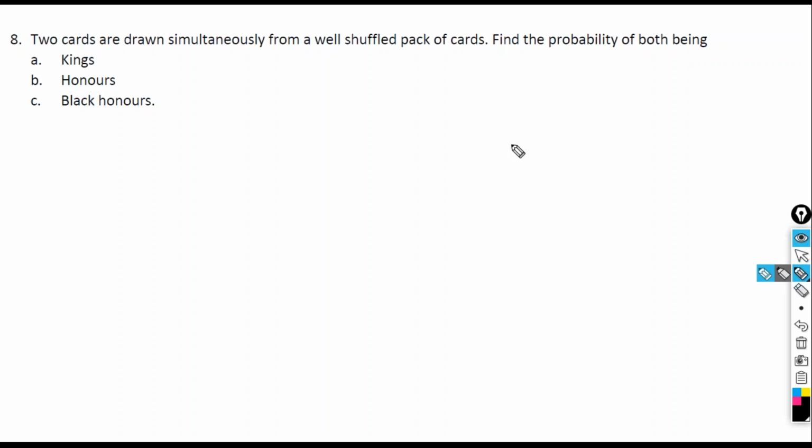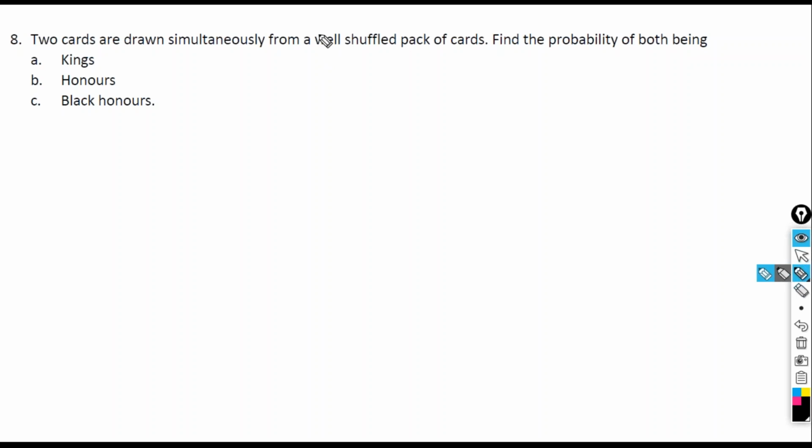Everything is written in the question itself. Okay, guys, let's do it. Right, Shubhadeep.